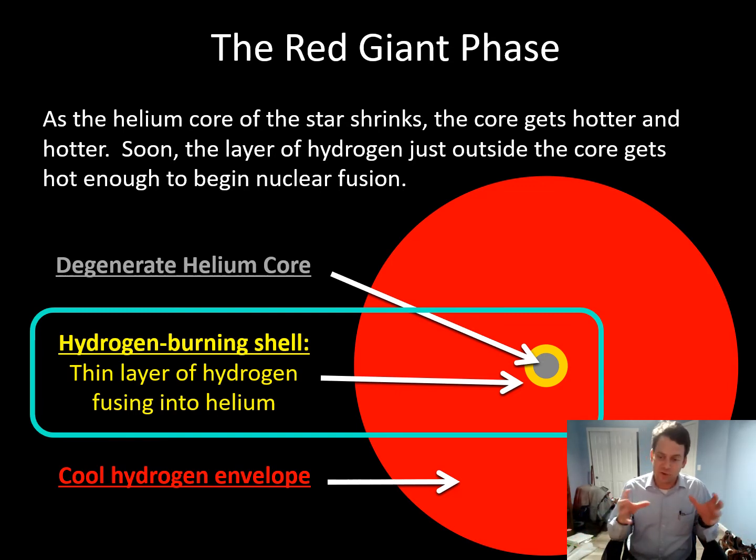Fusion is always only happening in the core, or now, in this thin layer outside the helium core, and the rest of it is just kind of sitting around, hanging out, having energy sort of move through it, either through radiation or through convection, as we've talked about earlier. So let's now probe a little bit deeper on this core and this hydrogen burning shell.